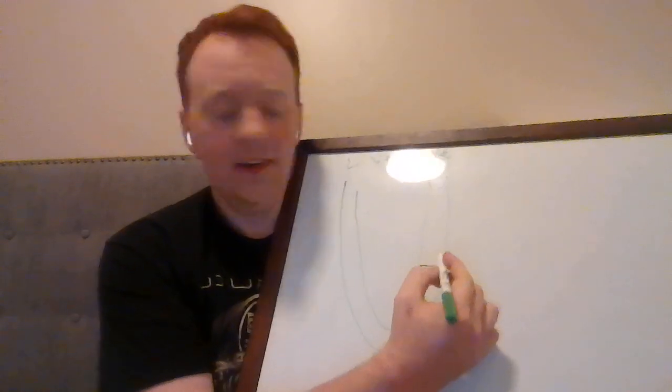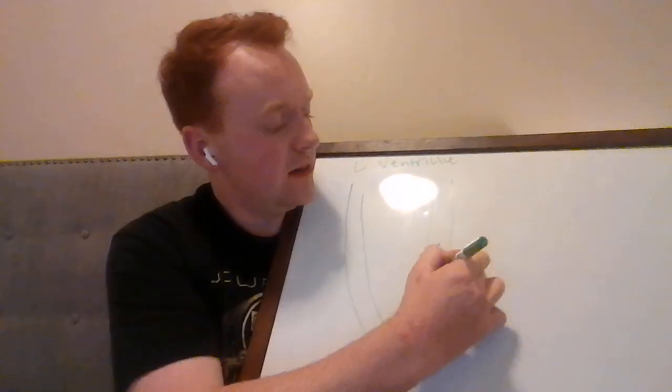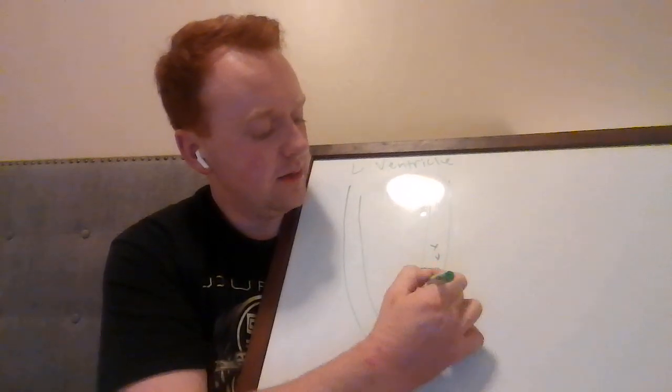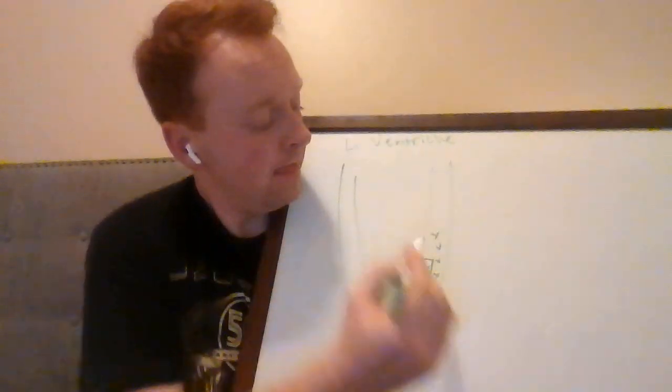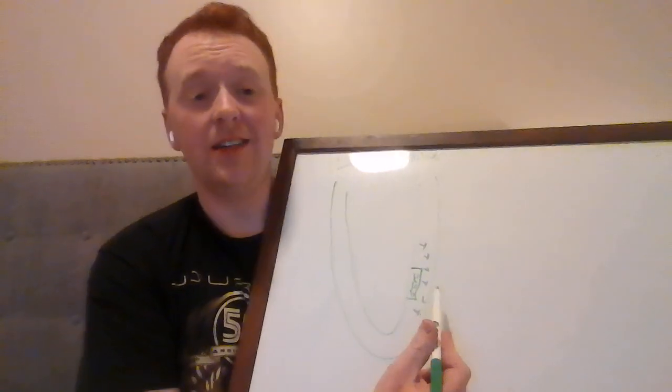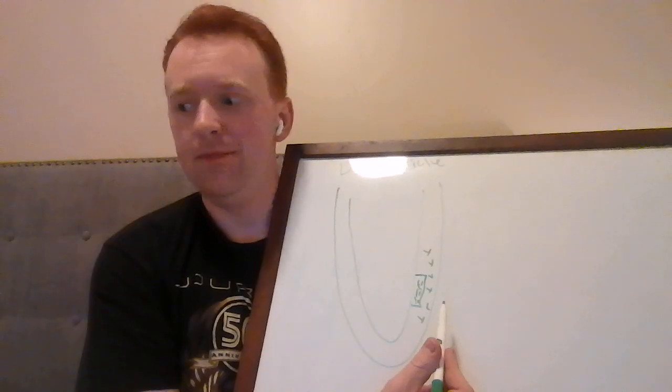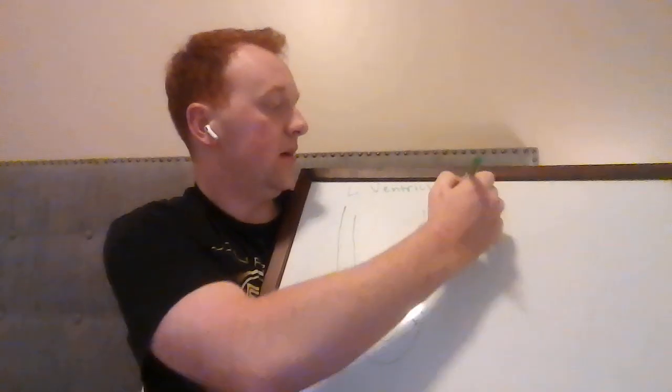And as it's trying to get depolarized, there's a bunch of positives out here that are depolarizing, but this blood clot is all negative. I hope you can see that okay. This blood clot is going to cause an NSTEMI.